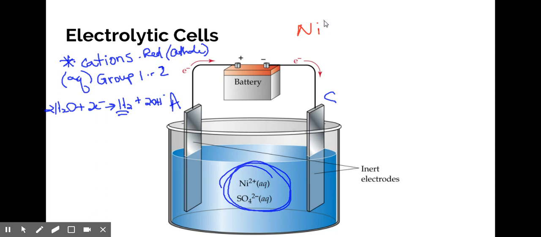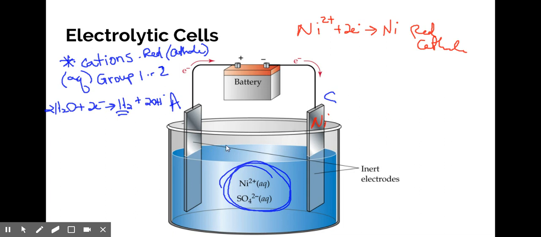So Ni2 plus plus 2 electrons yields Ni. Okay, so this would be my reduction half reaction that's at my cathode. And because my electrons are traveling in this direction, this cathode right here would be nickel.